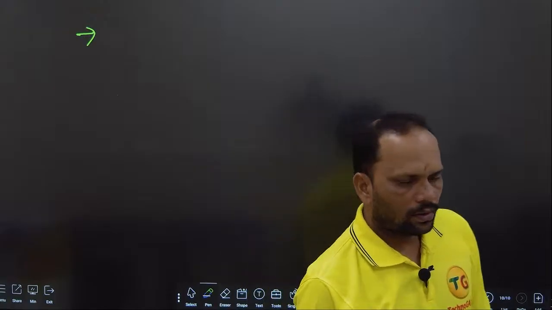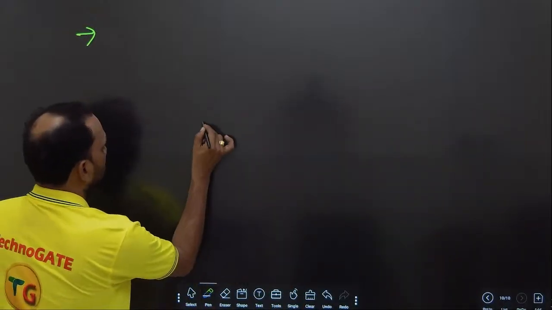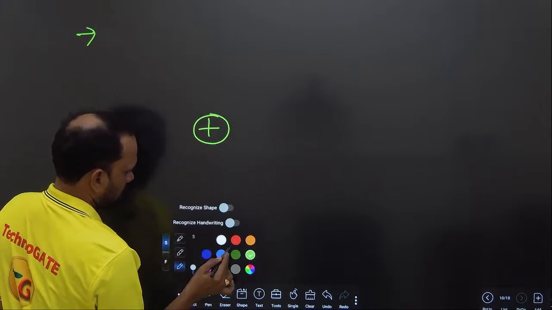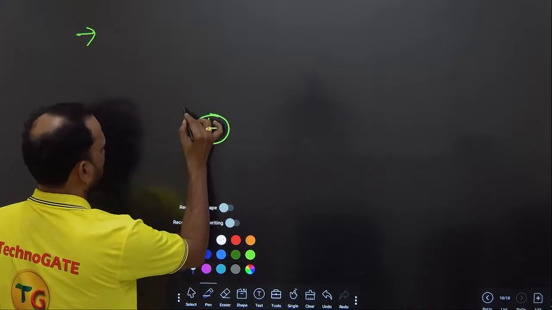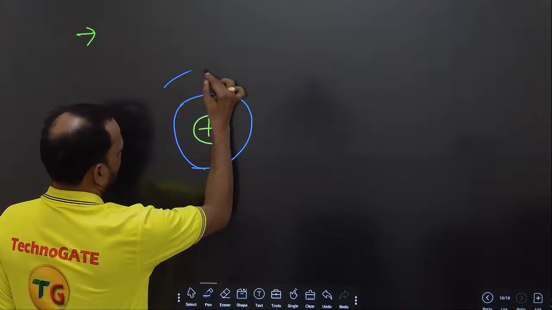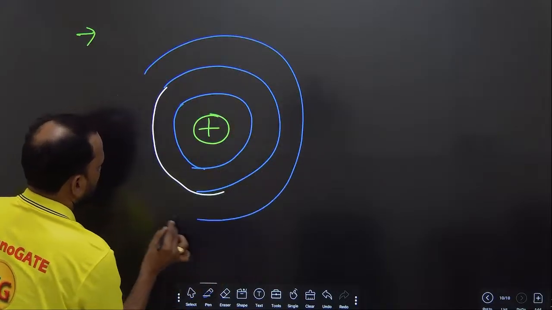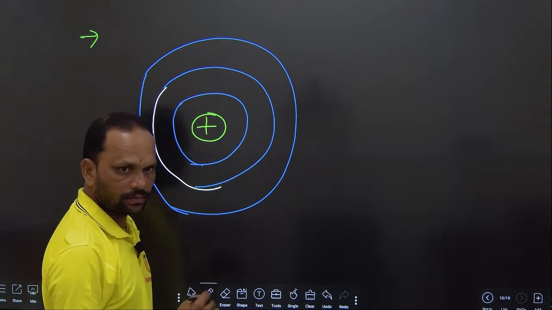Now from this, if you observe here, there is a nucleus. Around the nucleus, electrons are rotating.